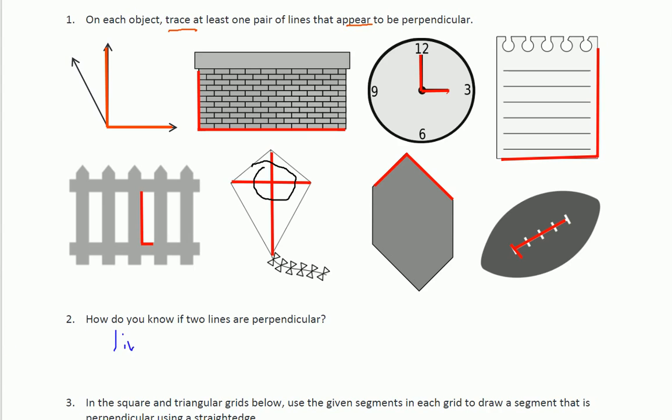Lines are perpendicular if they make a right angle.